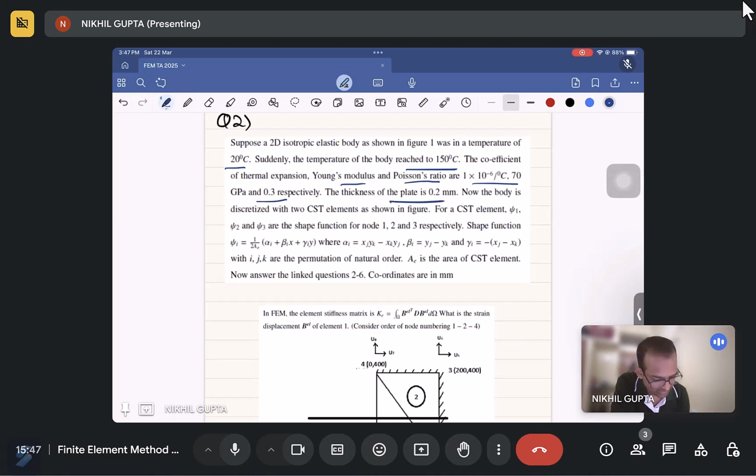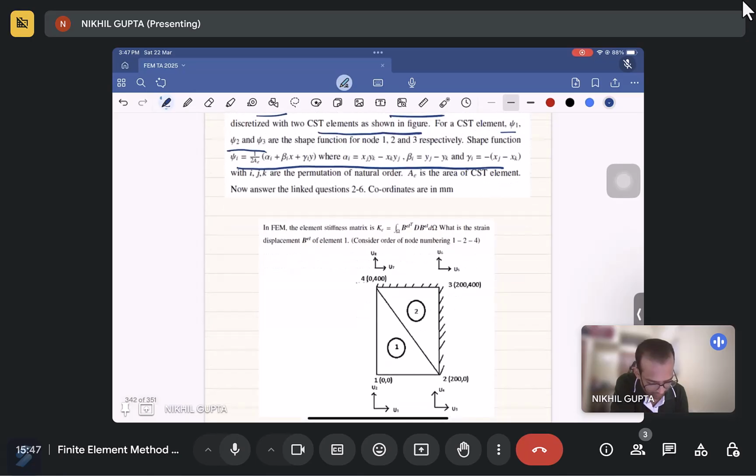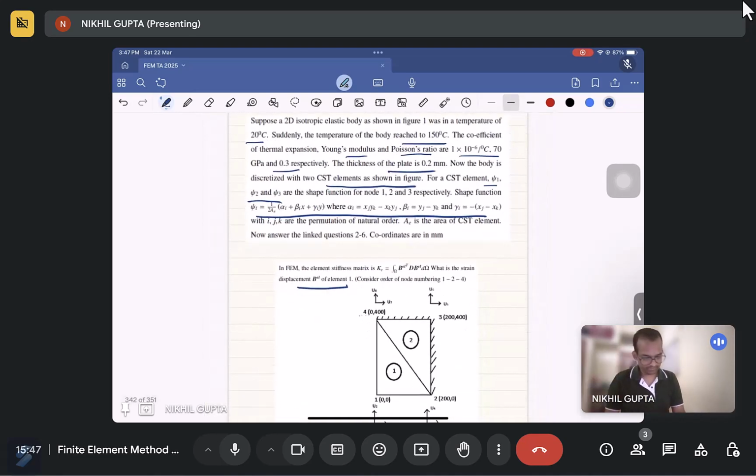Thickness of the plate is given. Now the body is discretized into two CST elements as shown, and the node shape functions are given here. We have to find the B of element number 1.